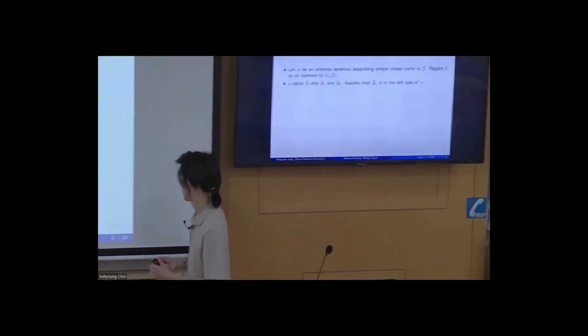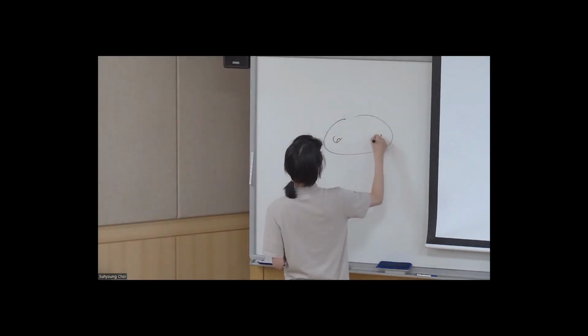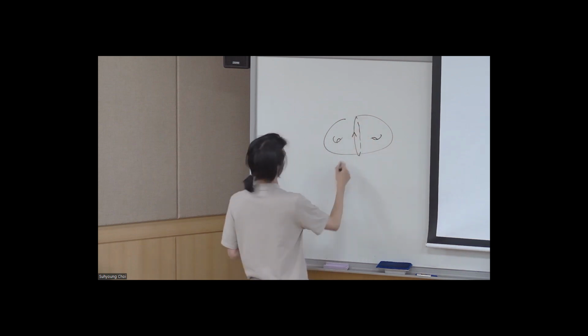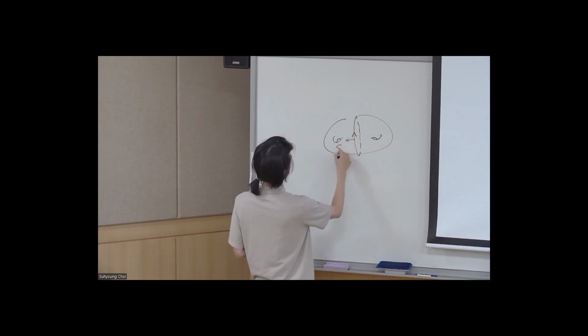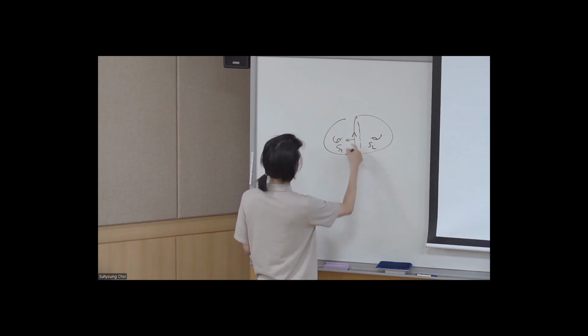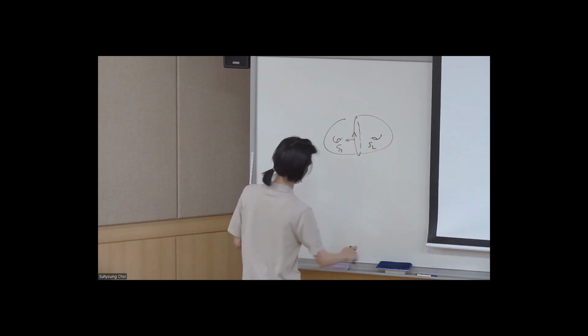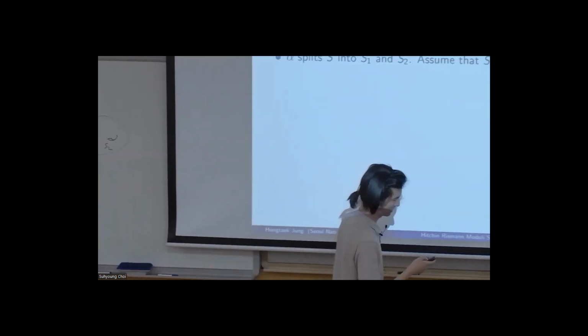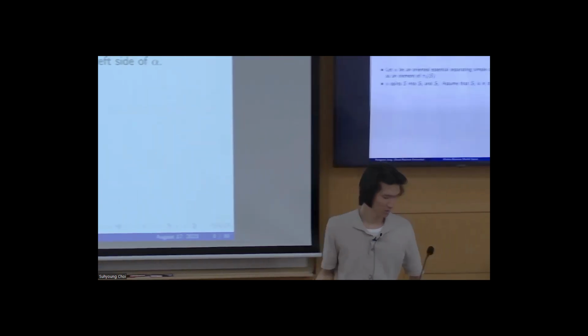So say if we have a surface here, we have alpha here, and alpha is oriented, then there's a left side and right side of the surface. So that's the convention.